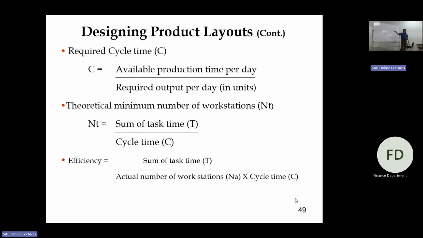I know that these concepts are new to you, but when you use it 1 or 2 times, you will be familiar with them. Just give it a try, you can understand. So that is sum of task time T divided by the cycle time we got here.